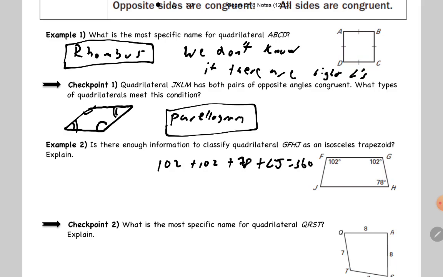So angle J needs to be 78 degrees. We'll get 282 plus angle J equals 360, so angle J is indeed 78. That means these match, so base angles match, that's good, and consecutive angles add up to 180 degrees. So yes, this is an isosceles trapezoid.